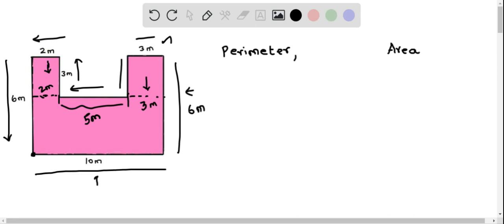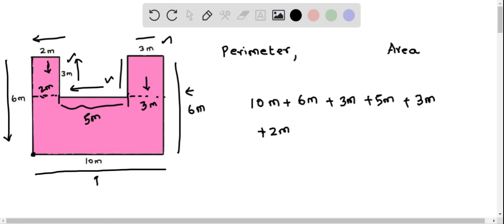So basically, we have to add all these side lengths. First, I'm adding the 10 meter, then 6 meter, and then 3 meter, and then this side length is 5 meter. Now this is 3 meter, and then I have 2 meter, and finally I have this 6 meter.